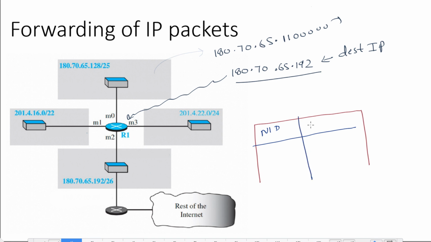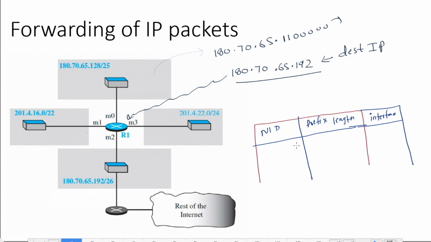Another is the network mask or the prefix length. So this 25, 22, 26, 24, these are called mask length or prefix length. And the third field is interface. These are the three fields which are a must for any router.